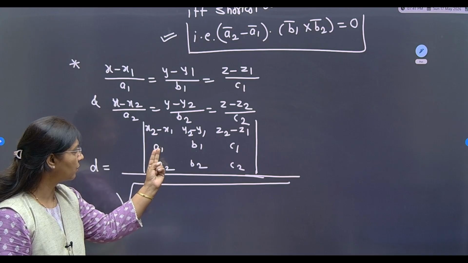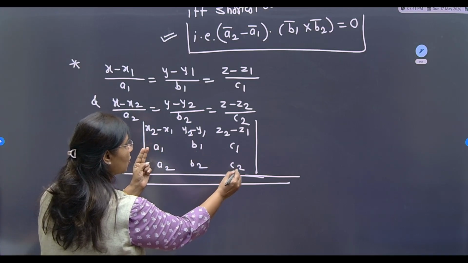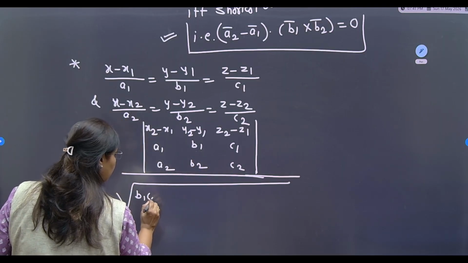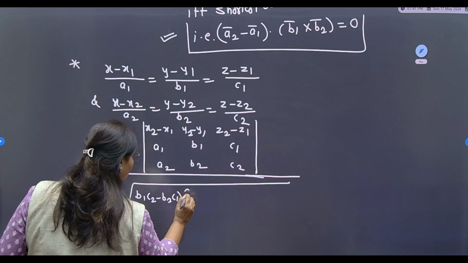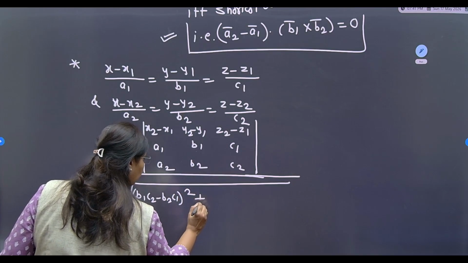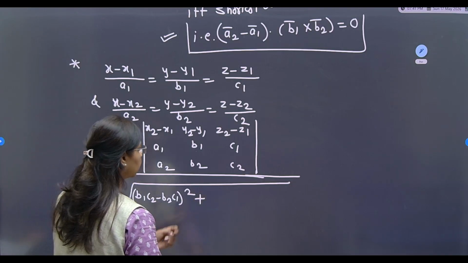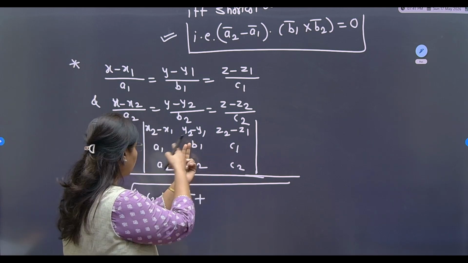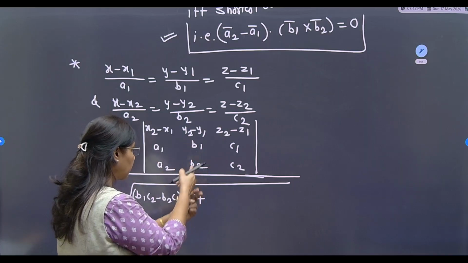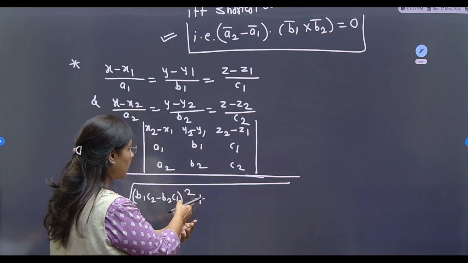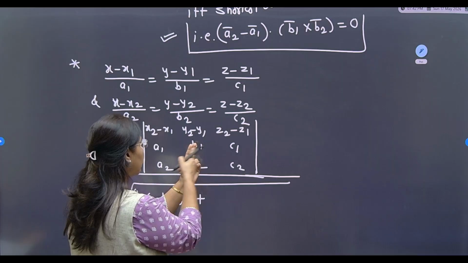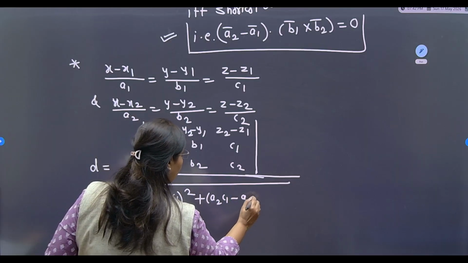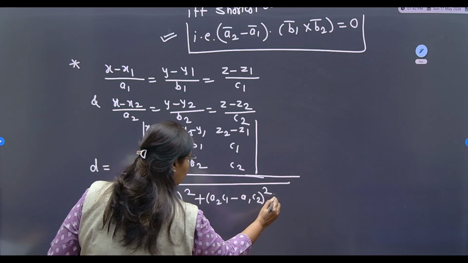Eliminating the first row, first the cross multiplication of these two: (b1 c2 minus b2 c1) whole bracket square, plus. Next, eliminating these two, (a2 c1 minus a1 c2) whole bracket square, plus.